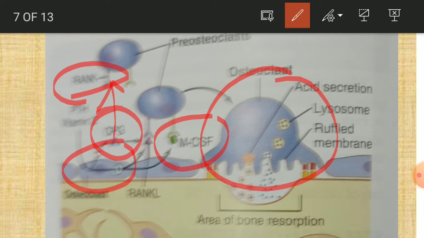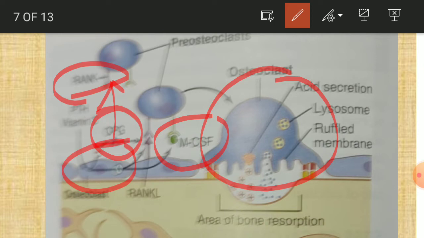It stimulates differentiation of monocyte precursor cells into the further differentiated lineage like osteoclasts. So it fosters proliferation and activation of the osteoclast series. So by the action of RANK ligand and MCSF, proliferation and differentiation as well as activation of osteoclasts is fostered, whereas by the action of OPG or osteoprotegerin, the osteoclastic activation is inhibited.